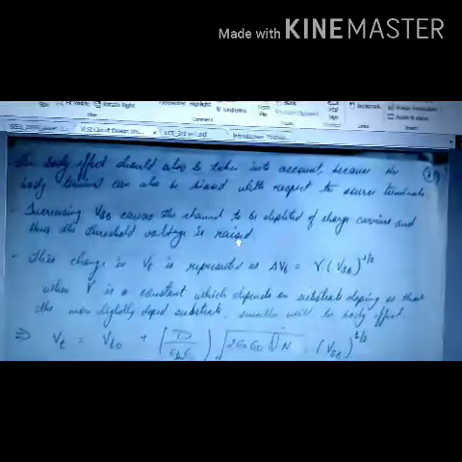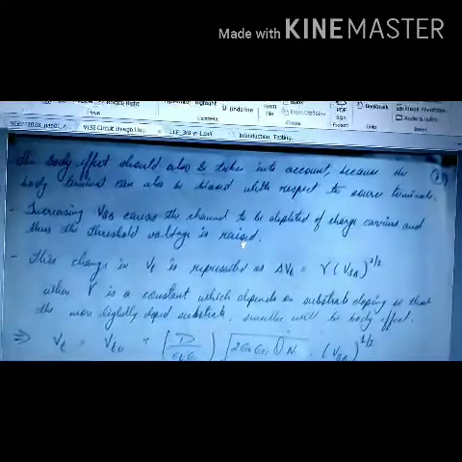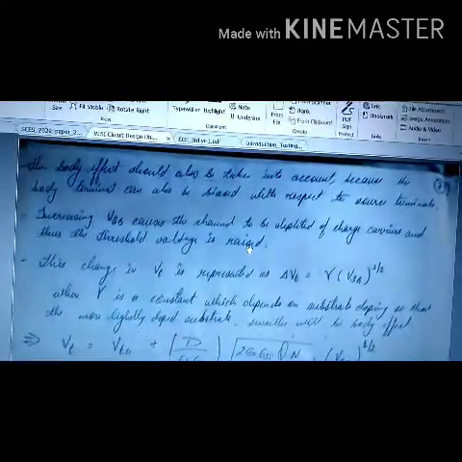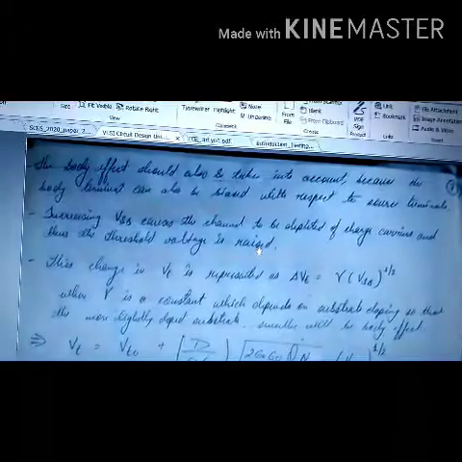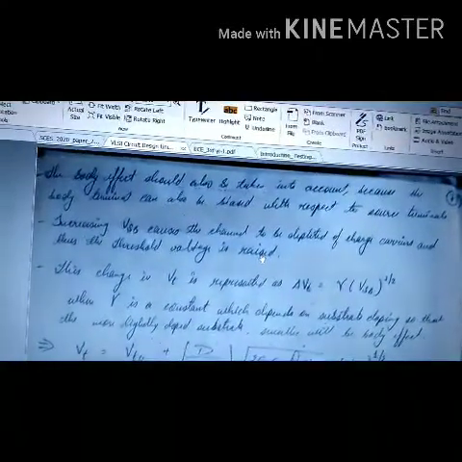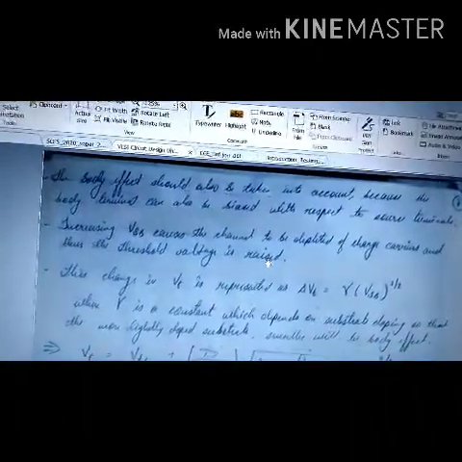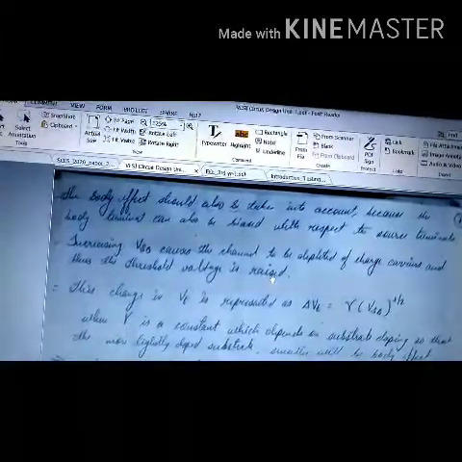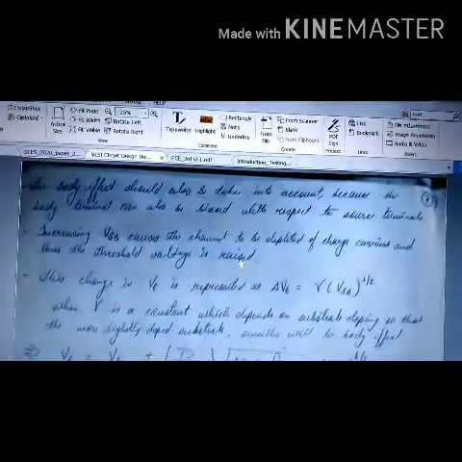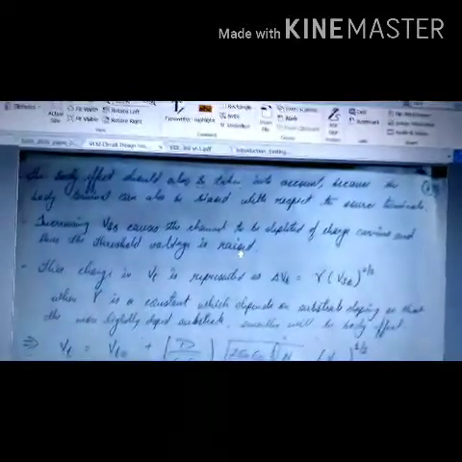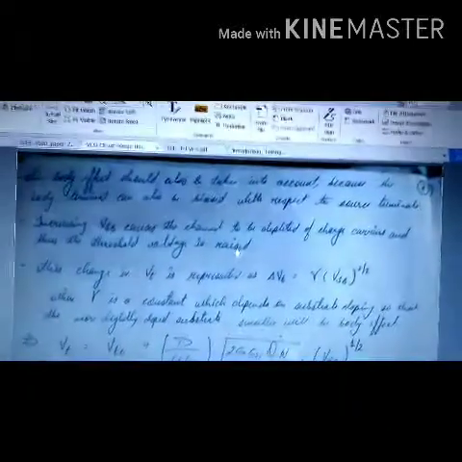So the body effect should also be taken into account because the body terminal can also be biased with respect to the source terminal. Increasing Vsb causes the channel to be depleted of charge carriers and thus the threshold voltage is raised. So if Vsb is increased, it will cause depletion of the charge carriers and can attract electrons from the channel.